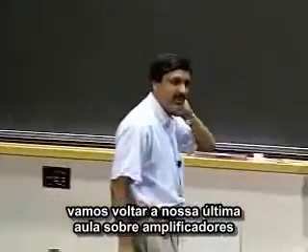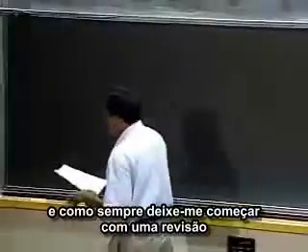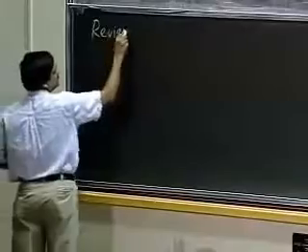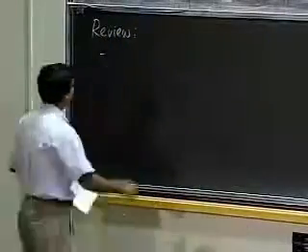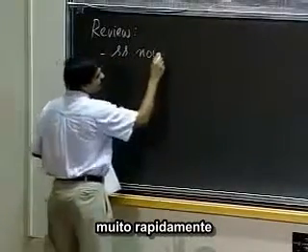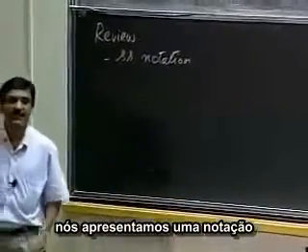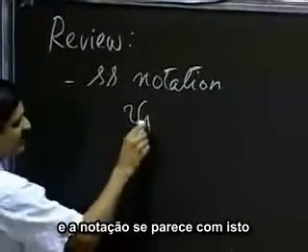Okay, let's get back to a final lecture on amplifiers and small signal circuits. And as always, let me start with a review. So very quickly, we came up with a notation to represent small signals. And our notation looked like this.